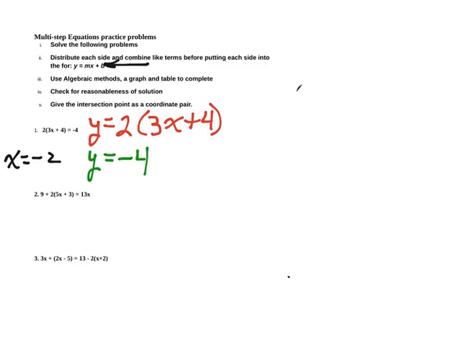And if you notice right here, since y equals negative 4, our coordinate pair that we're looking for is going to be negative 2, negative 4. That is the one point that satisfies both.